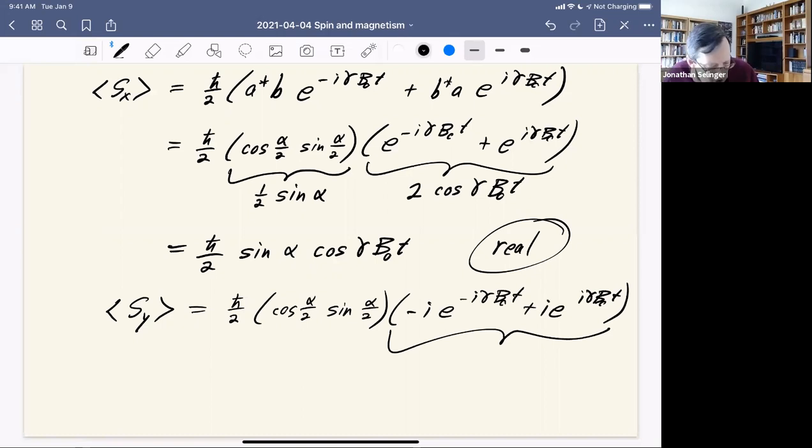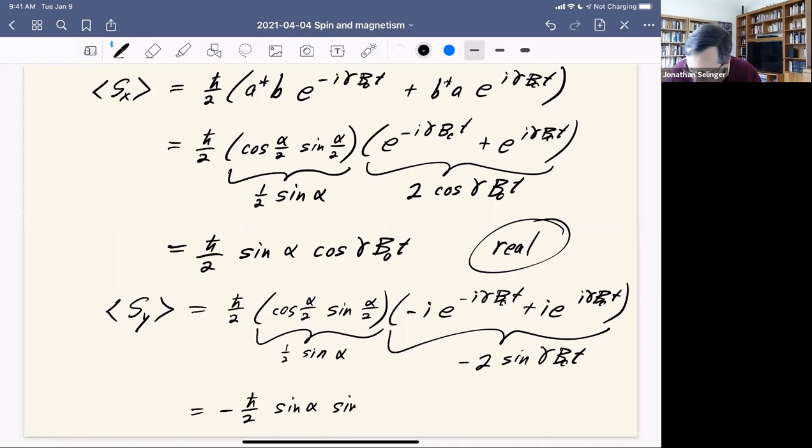So this all is negative 2 sine gamma B naught t. And this is still a half sine alpha. So this all works out to be negative h bar over 2 sine alpha sine gamma B naught t.